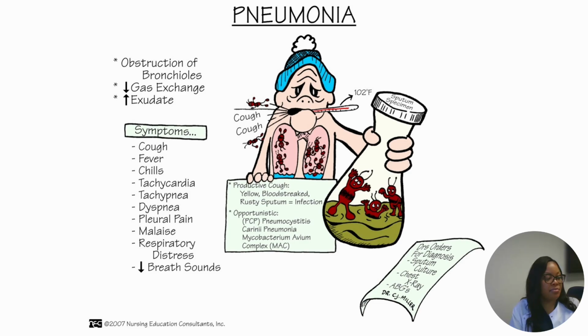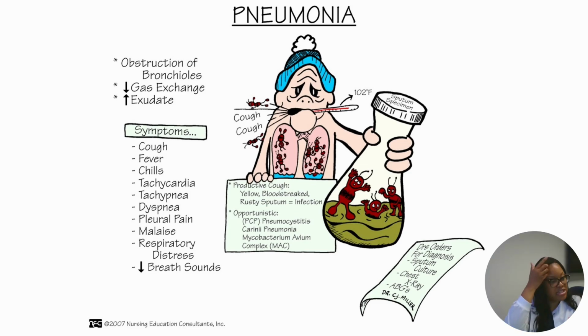Elevated labs, remember that their CO2, they will be retaining carbon dioxide, right? So the patient could have increased white blood cell count, right, because of the infection. Patient may be nauseated and they may have some vomiting because they won't feel like eating. Their oxygen saturation could be decreased in this patient.